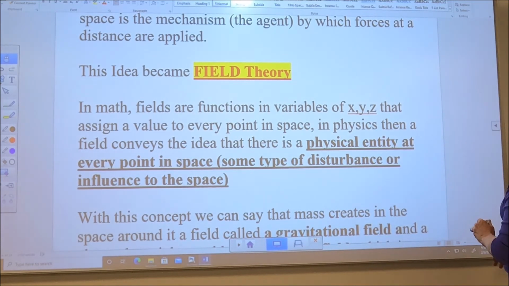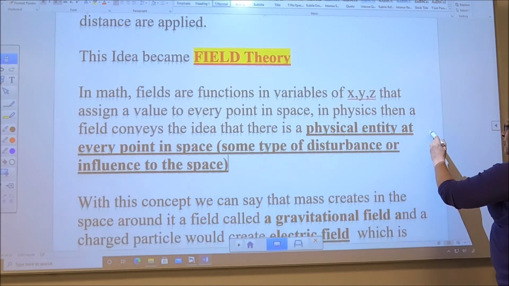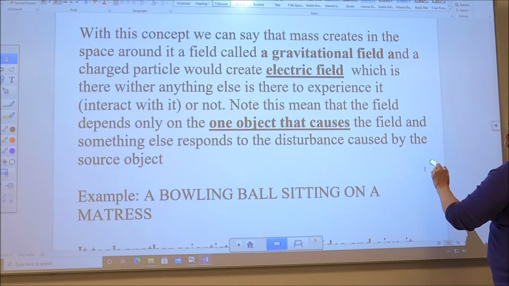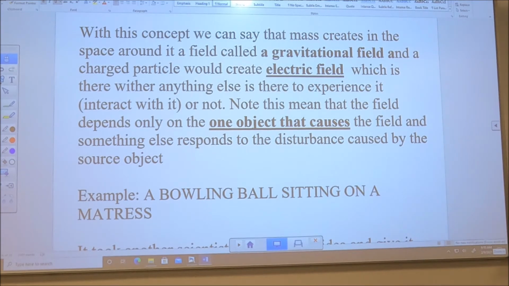So an object with mass influences somehow the space around it and alters it. An object with charge influences and changes the space around it. With this concept, we can say that mass creates a gravitational field, charged particles create an electric field.